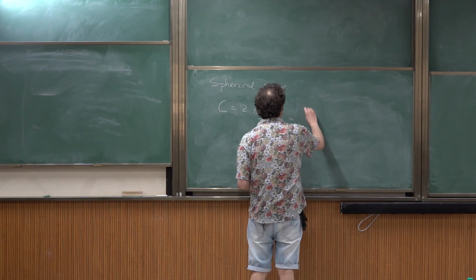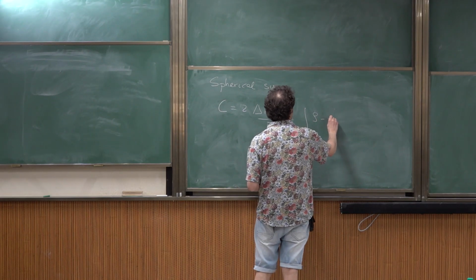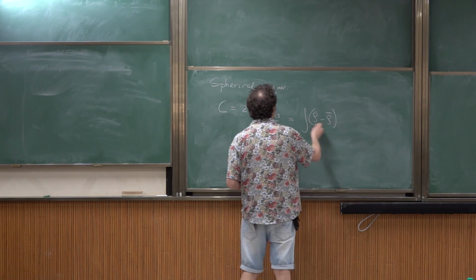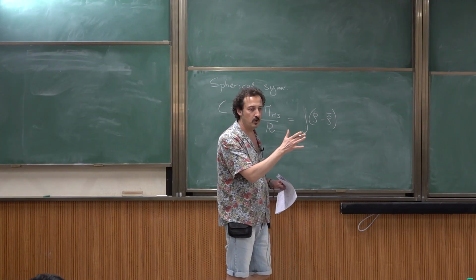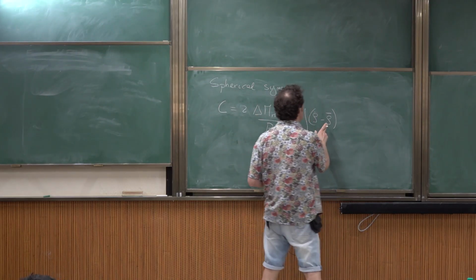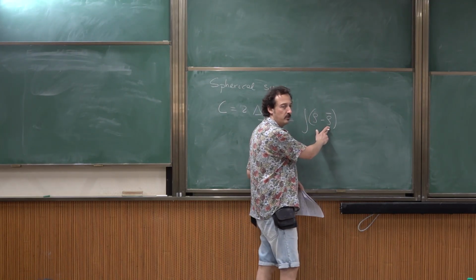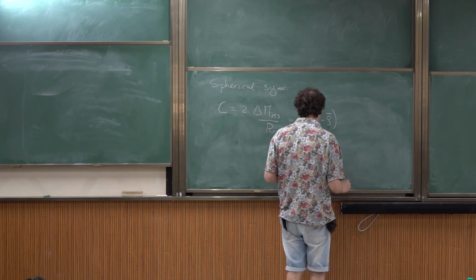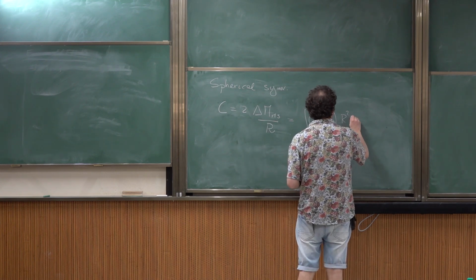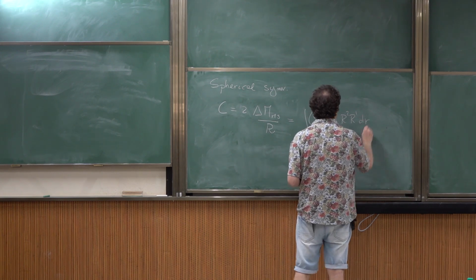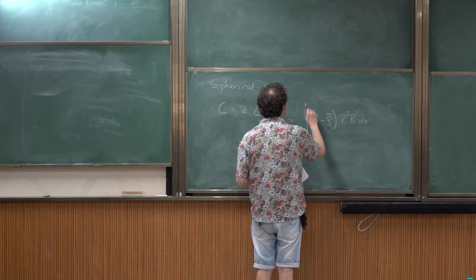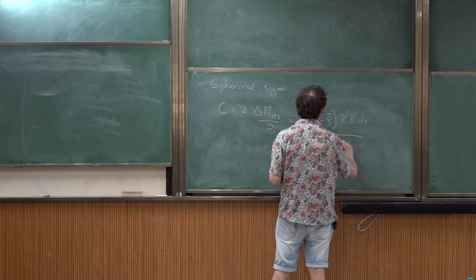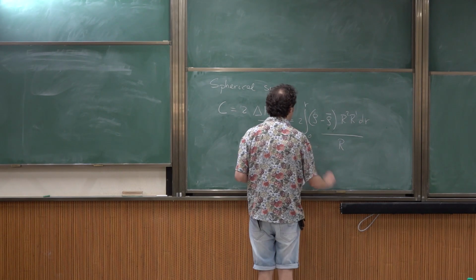This is equal to the integral of rho minus rho bar, in an asymptotically Friedmann-Robertson-Walker space-time, where rho bar is the energy density of the background, multiplied by r squared r prime dr, integrated over a ball that goes from 0 to r, divided by r, and I put a 2.